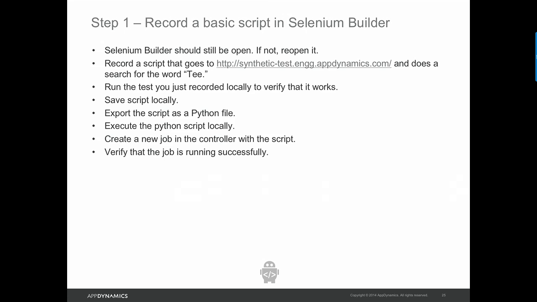See if it runs locally. Then we'll save that locally, and I'll walk through how to do that. Execute the Python script locally, which is where the terminal window with the Python environment that you just installed comes into play. And then we'll create a new job on the controller and verify that it's running.